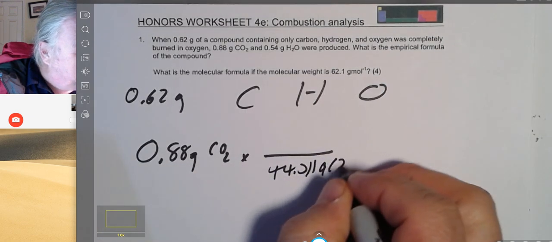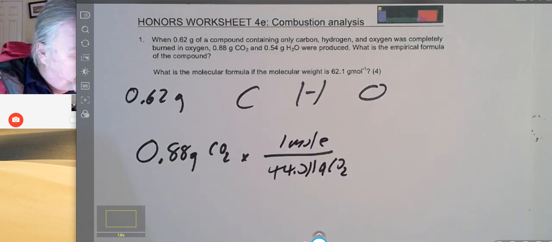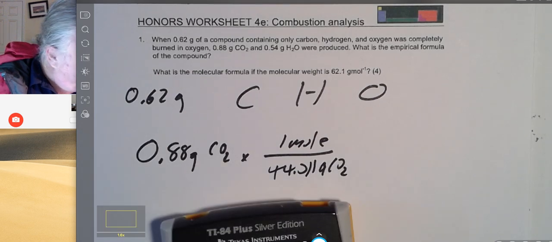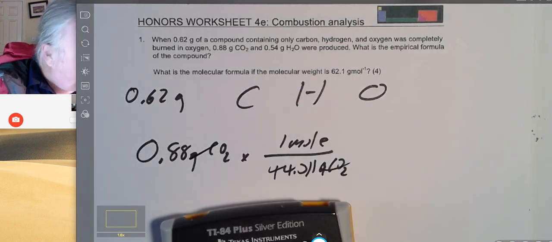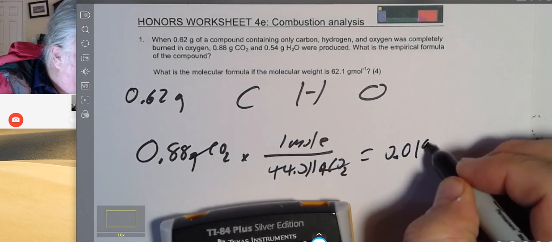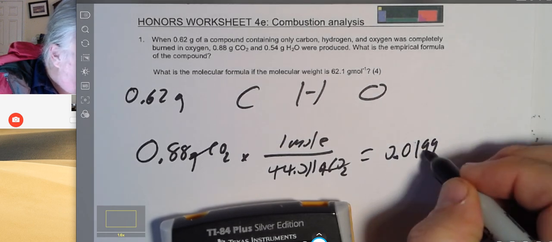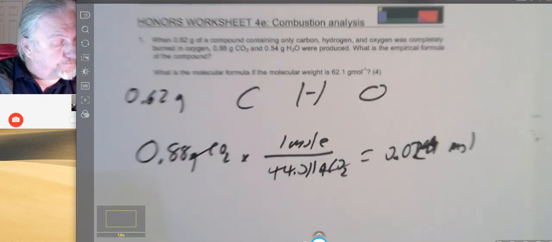So we have 44.011 grams of carbon dioxide in 1 mole of carbon dioxide. And if I take 0.88 grams, cancel out those units, and divide it by 44.011, that's going to give me the number of moles, which is 0.0199, and really 0.02 moles of carbon dioxide.